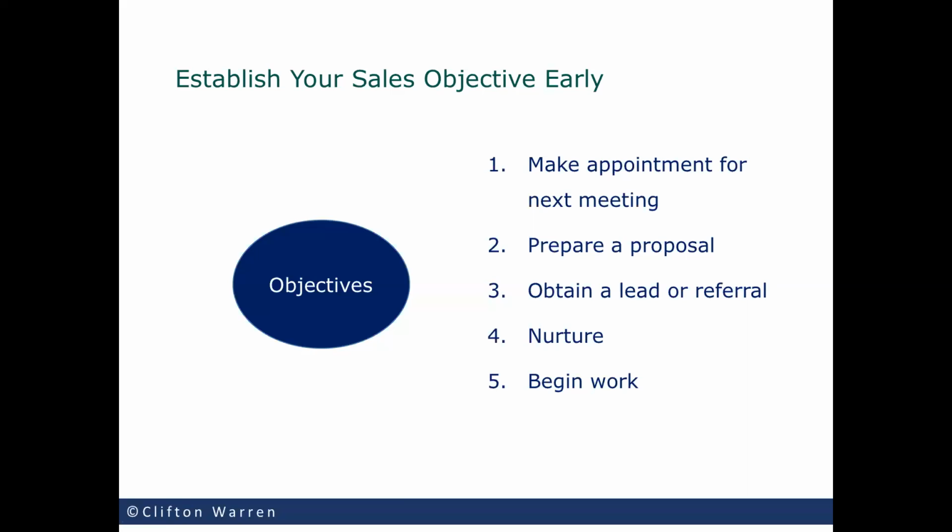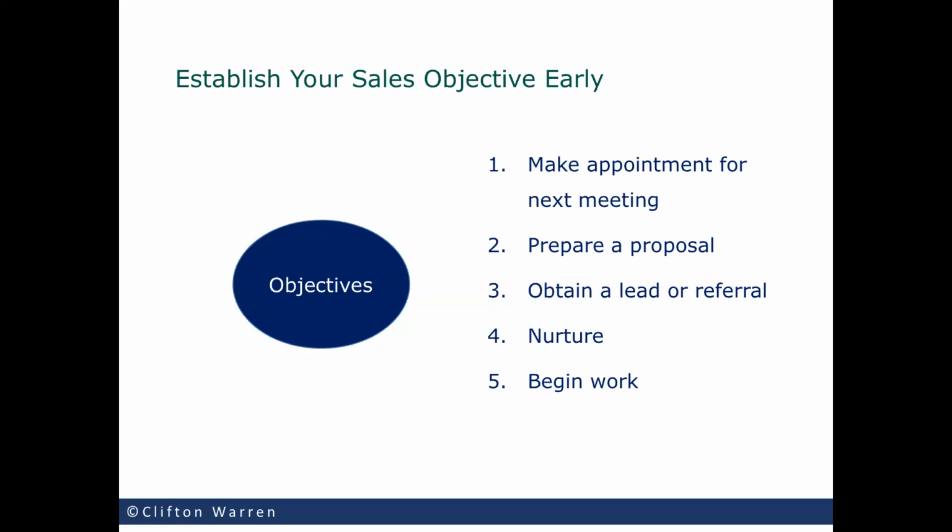Second objective might be to prepare a proposal. You know, the client might want to see what it looks like on paper, what you've proposed. The third objective might be to obtain a lead or a referral. If the client is not ready to go ahead or they don't qualify, you can still walk out with something. Fourth one might be to nurture.